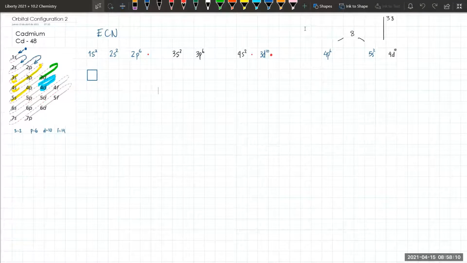You can do boxes, or you can do lines. You can do it with boxes or just lines.